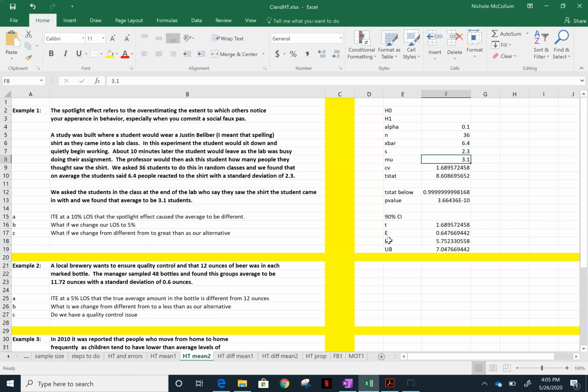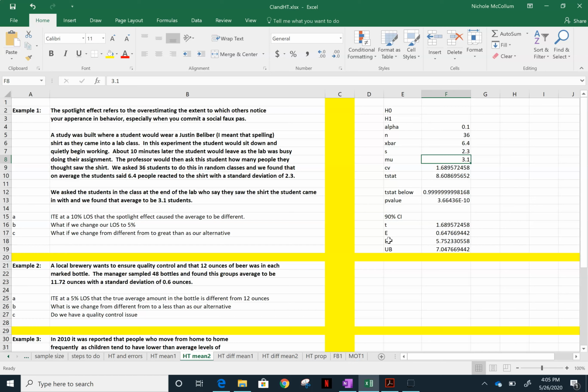So there's something going on when somebody makes a social faux pas of wearing a weird t-shirt, a weird hat, maybe they got a different type of haircut, something they believe is a social faux pas, okay, and their perception is clearly higher than the national norm that we sampled from all the students in that classroom.